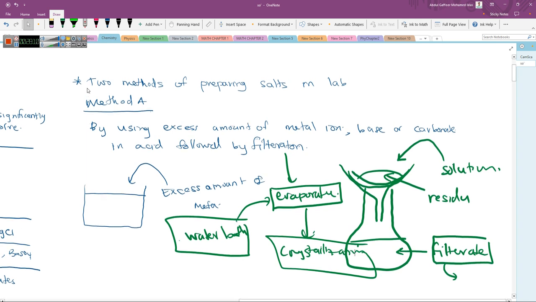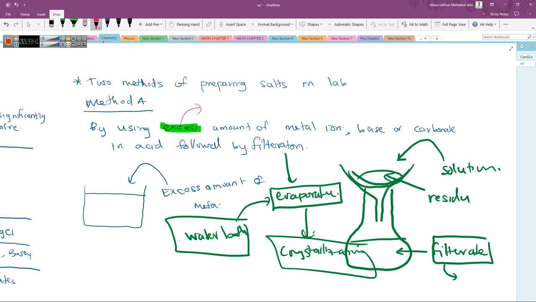Now a question may arise, why do we need to use this excess amount? We have to make sure that the acid is completely consumed, right? If you use excess amount of metal, all the acid will be utilized at the end of the reaction. But if you add only a small portion of metal, you don't know whether all the acid has reacted.